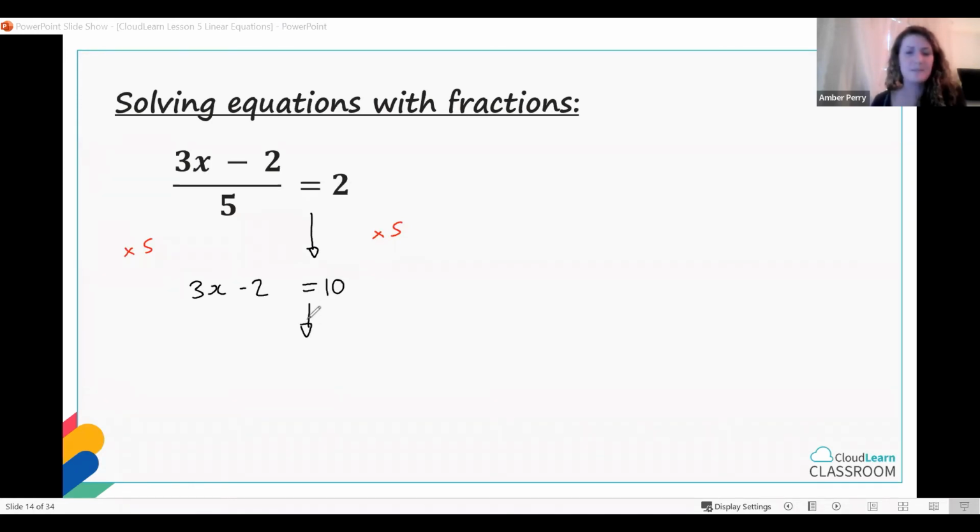And then the next step is simply solving it just as we've been doing. Add the 2, so we get 3x equals 12. And then divide by the 3, and we get x equals 4. So we can see that that technique we were using is really useful when it comes to fractions, because it's the same technique, okay?